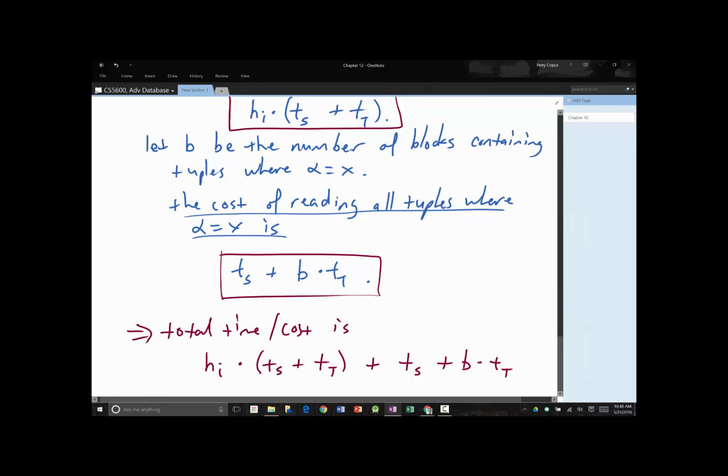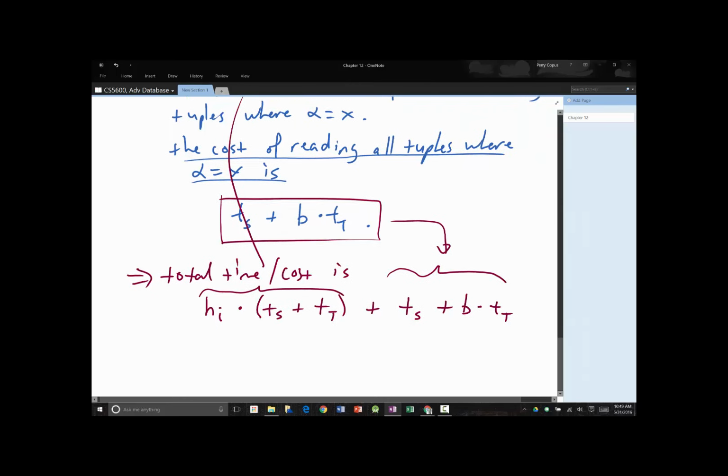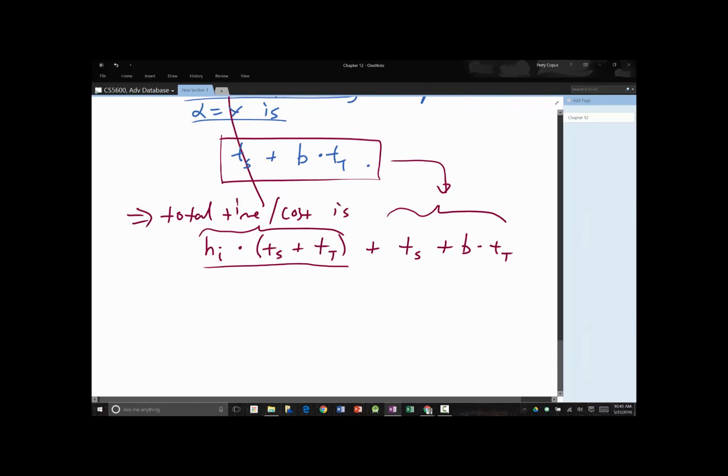You see, that's just this part, and this other part here is just this. Okay, so in other words, this is the time to read the index, and this is the time to read the table blocks, right? Time to read the index blocks, time to read the table blocks.